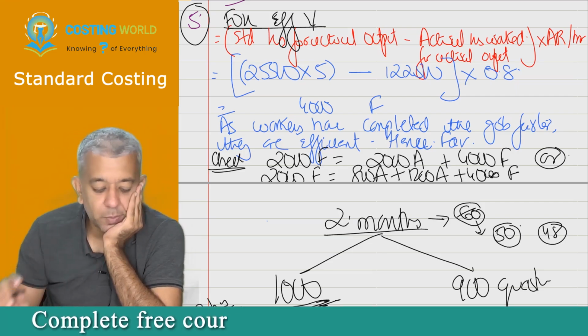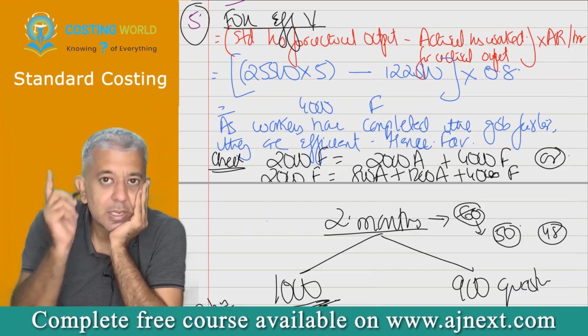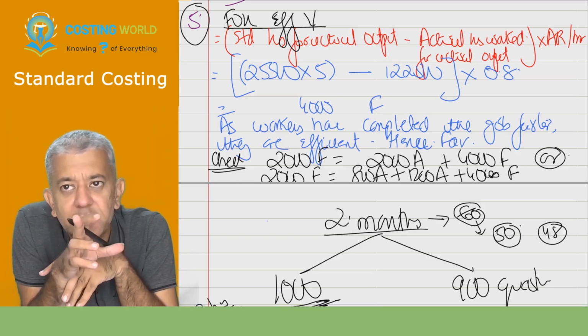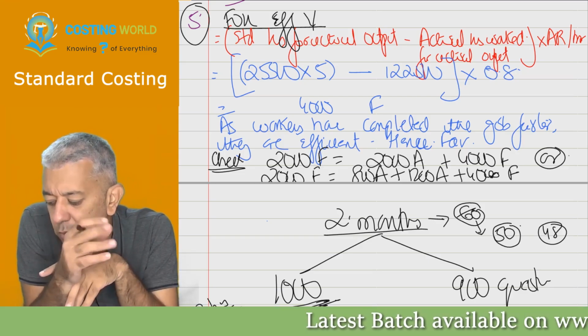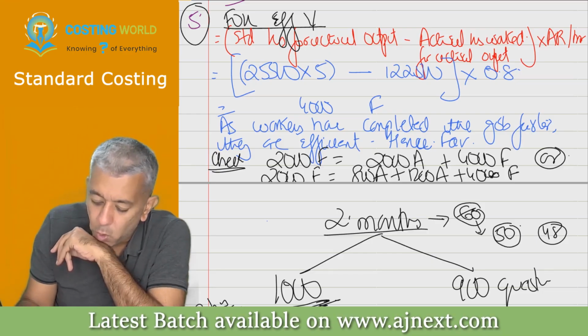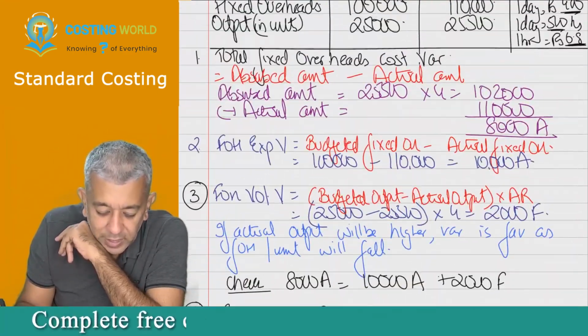Now, everybody is going to do me one favor. In chart 4 in your textbook, you have written one big word: fixed overheads are dependent upon what factor? Go back and read. Now you are going to write all these formulas that are appearing in red right now.